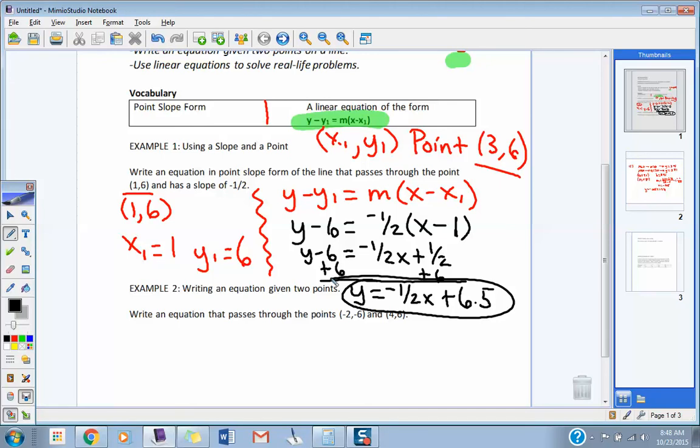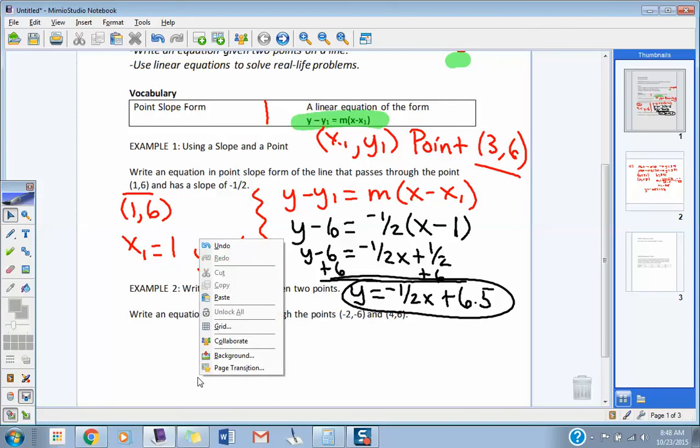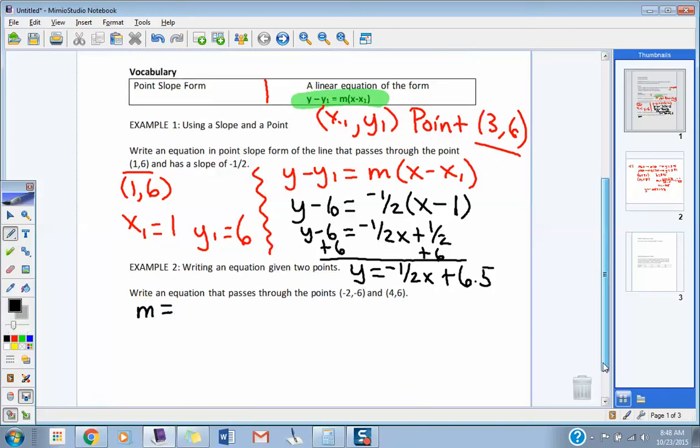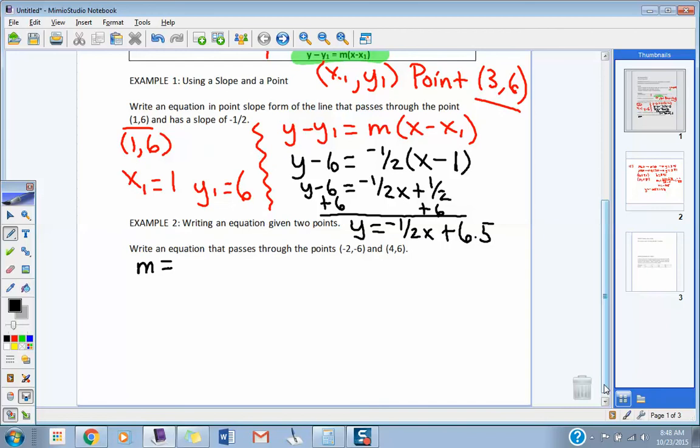So let's do this. Okay, so I can see my points. So let's find our slope here. I'm going to start with m, as those my 2 points would be -2 comma -6 and 4 comma 6. All right, how about my y2 value, guys, to start up top for change in y? 6 minus what value on the bottom?